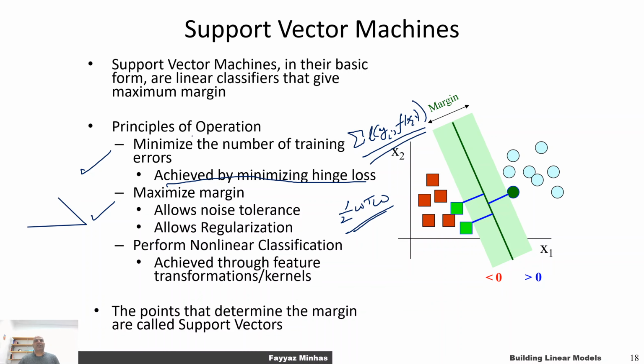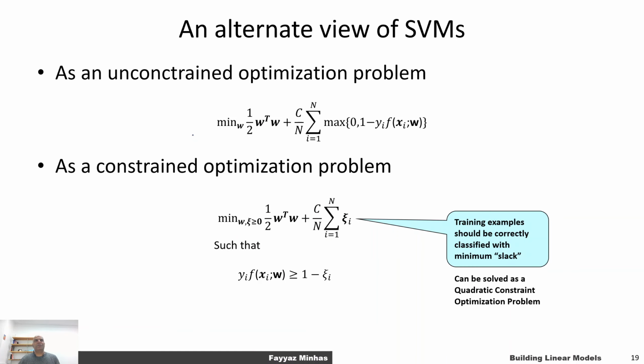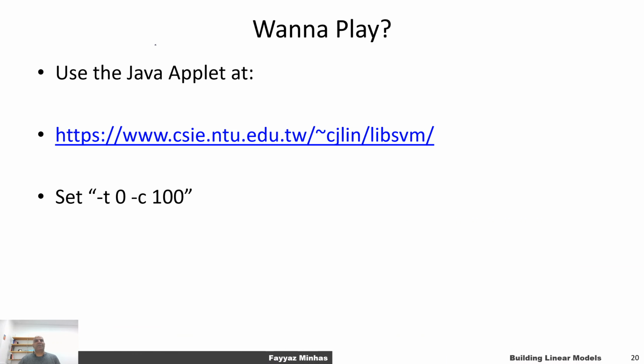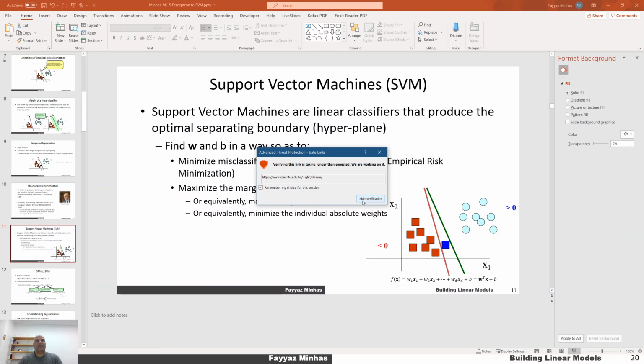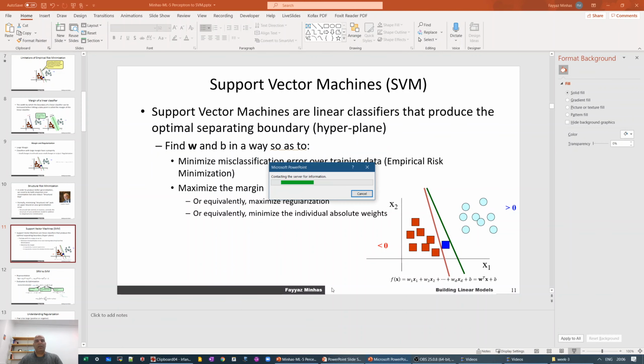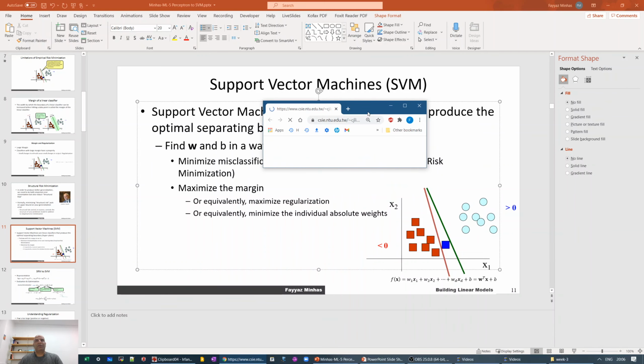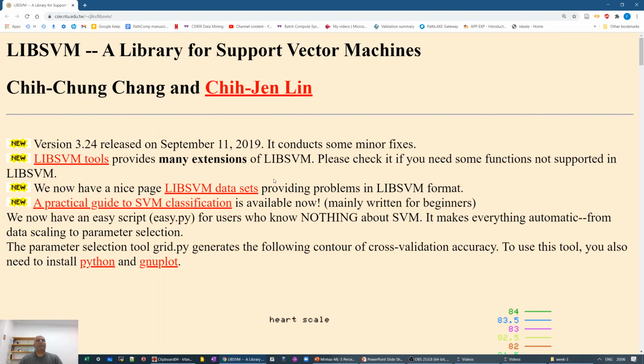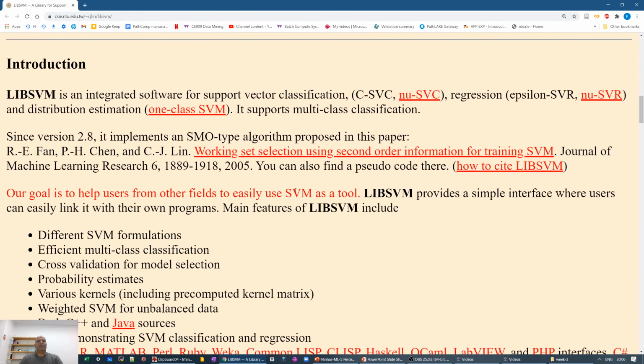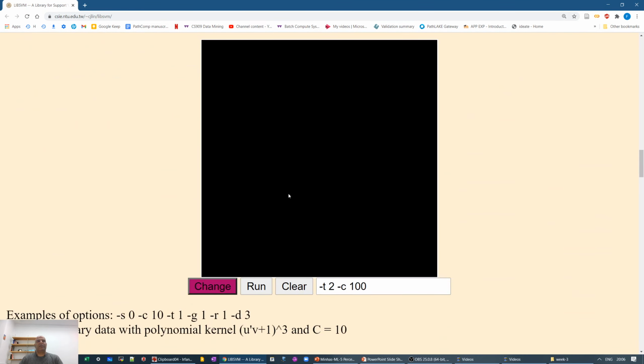Okay, so we're going to stop here, and I welcome you to play with support vector machines. This is a very good tool, and if you click on this link, it allows you to use support vector machines in the form of an applet. This is a very simple tool to understand support vector machines.